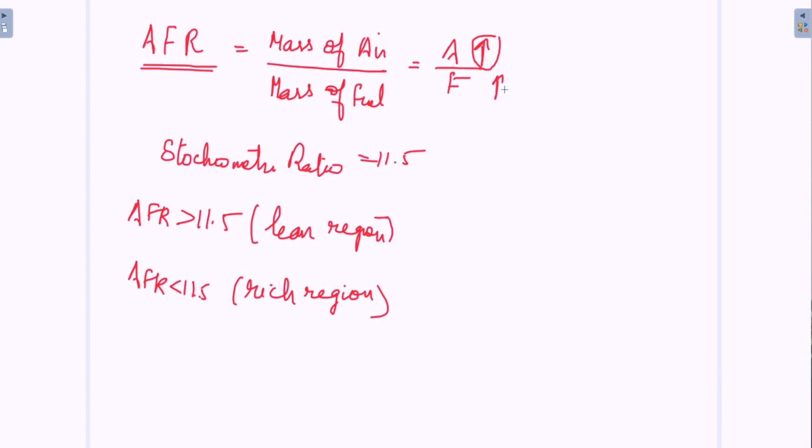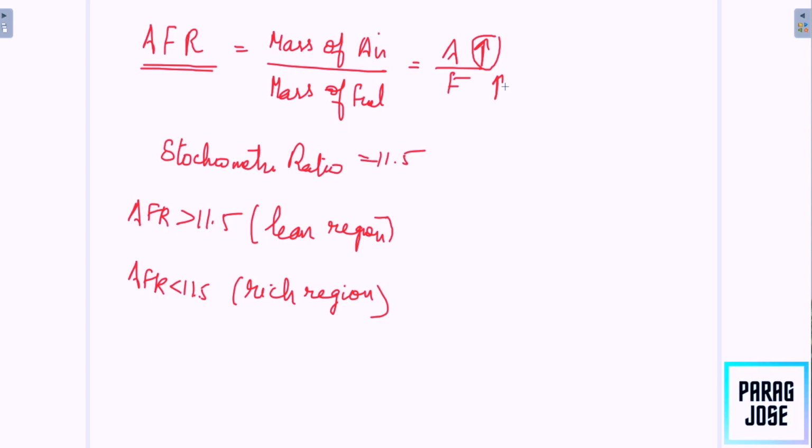So this plays a critical role in the operation of the IC engine. For example, if we are operating in a first gear scenario where we are climbing up a hill or we require more torque, in those scenarios the AFR value will be less than 11.5. That is, a rich mixture will be present inside the cylinder.